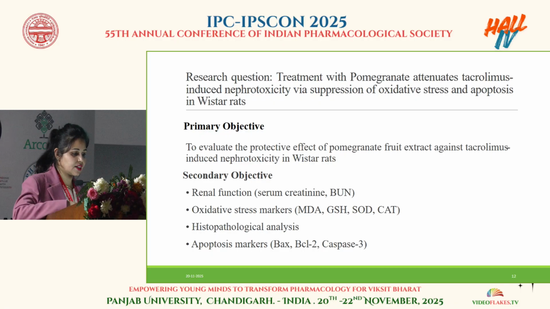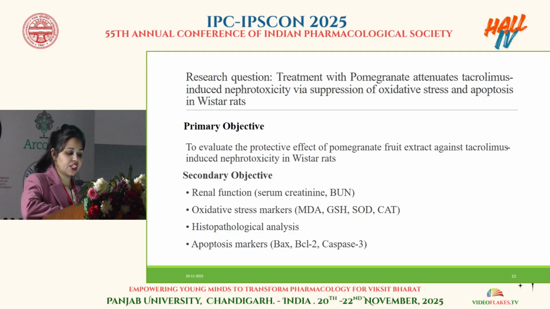So first of all, the research question is: tacrolimus causes severe nephrotoxicity, so we need some protective agents that will reduce its nephrotoxicity and that will not interact with the tacrolimus drug. So my research question is treatment with pomegranate, that is herbal therapy, which has possible antioxidant, anti-inflammatory, and anti-apoptotic roles. It attenuates the tacrolimus-induced nephrotoxicity via suppression of oxidative stress and apoptosis.